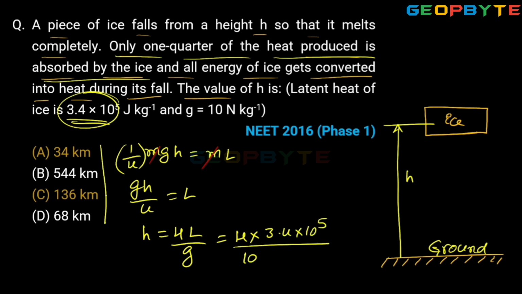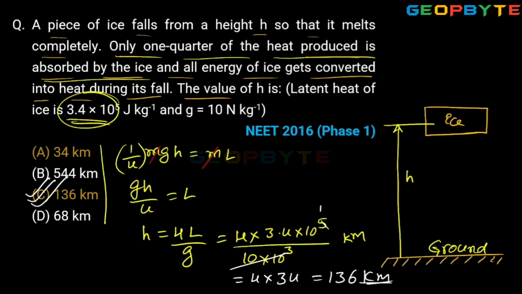The options are in kilometers, so divide by 10 power 3. Finally, it is 4 into 3.4 into 10, 34, 34 into 4 equals 136 kilometers. That is the answer. Look at option C. Option C is absolutely correct. Understood clearly? Yes.